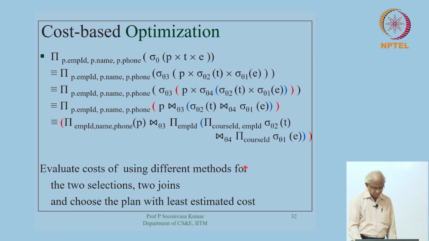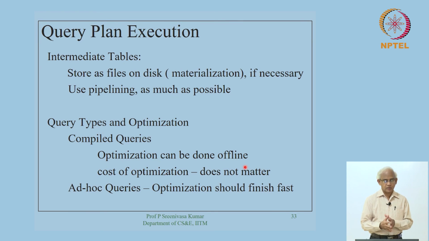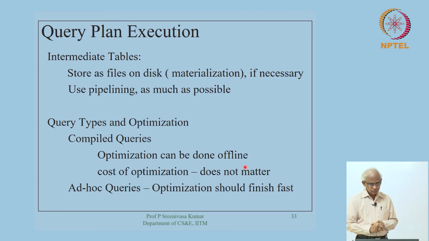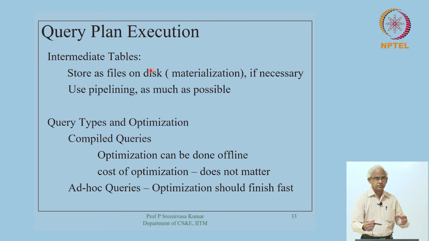So finally the query plan execution is like this. It also depends on what kind of query you are handling. But before that, you have to take a call on how to handle the intermediate tables that will come up.